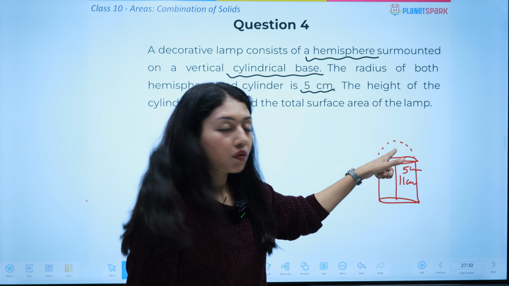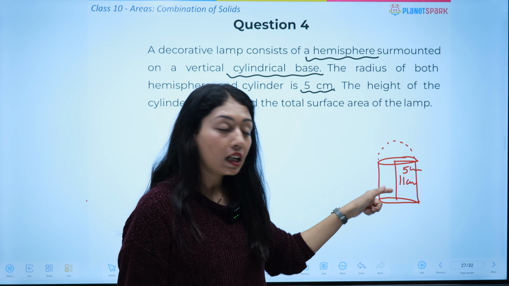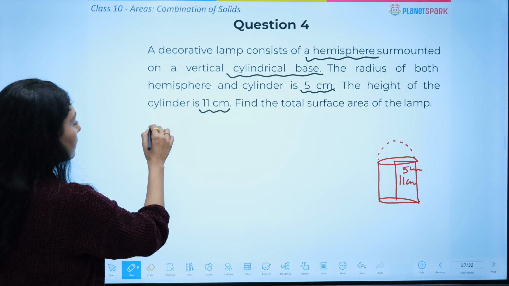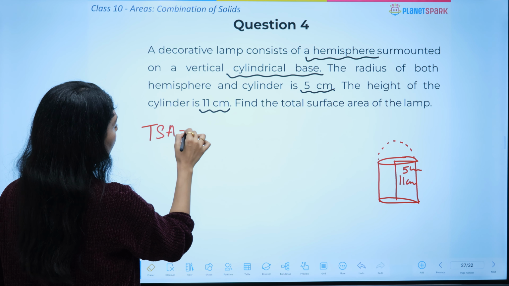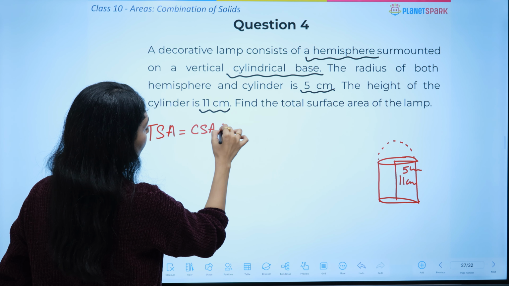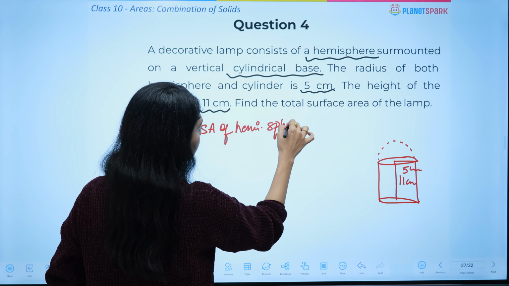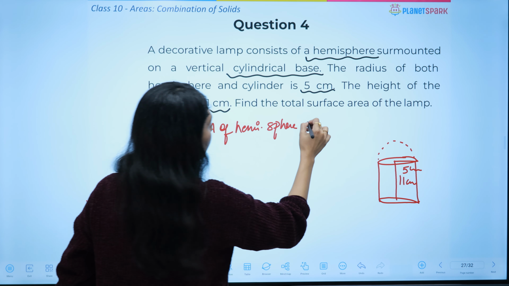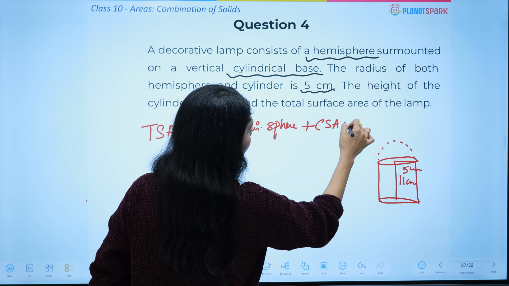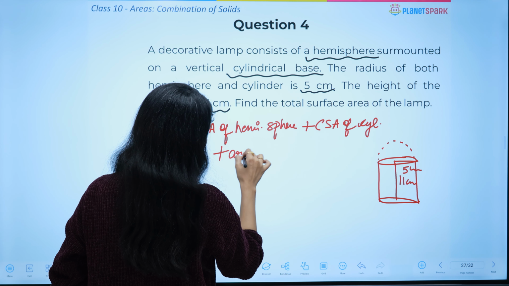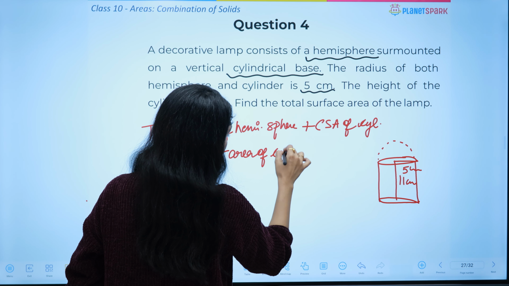The curved surface area of the hemisphere, the curved surface area of the cylinder, and the base circular area of the cylinder. So the total surface area will be CSA of hemisphere plus the CSA of cylinder plus the area of circular base.